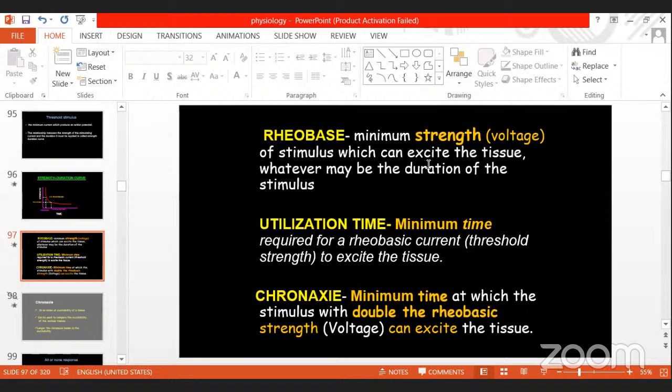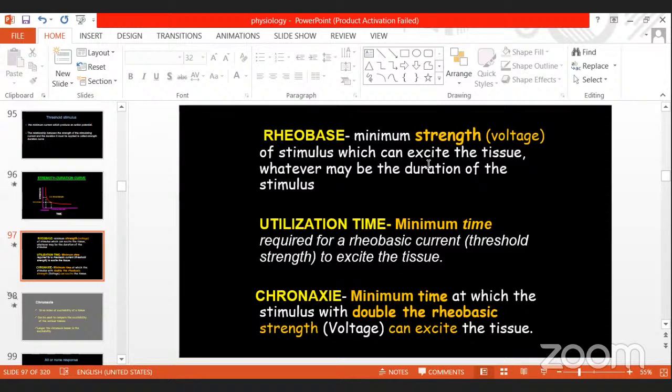And utilization time is the minimum time required for the minimum current, or the rheobasic current, to excite the tissue, how long it is taking. And chronaxy is the minimum time at which double the rheobasic strength excites the tissue. We are giving double the rheobasic strength voltage and seeing how long it will take to excite the tissue.